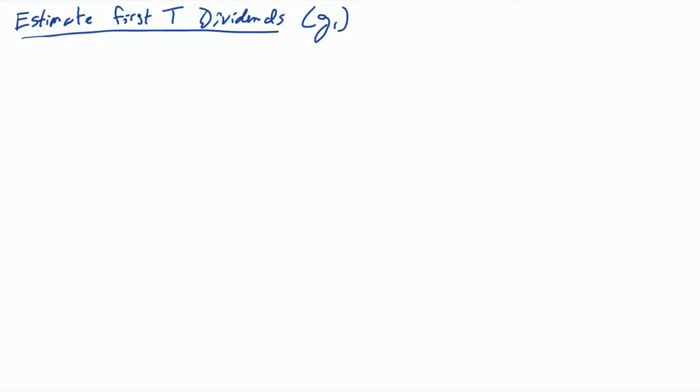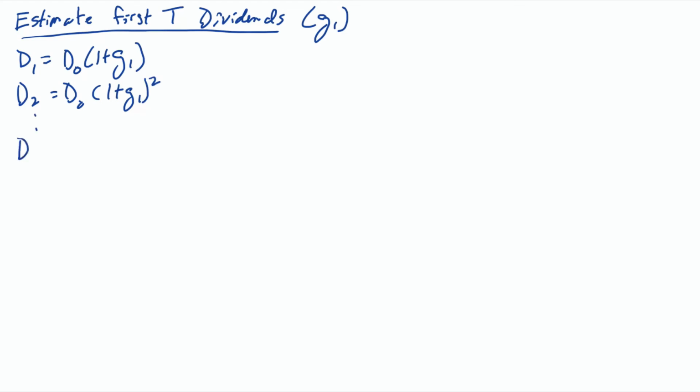Okay, so let's get a clean slate here and walk through the steps. First, again, we need to estimate the first T dividends. And for those dividends, we need the growth rate G1. So we know that D1 is equal to D0 times 1 plus G1. D2 is equal to D0 times 1 plus G1 squared.